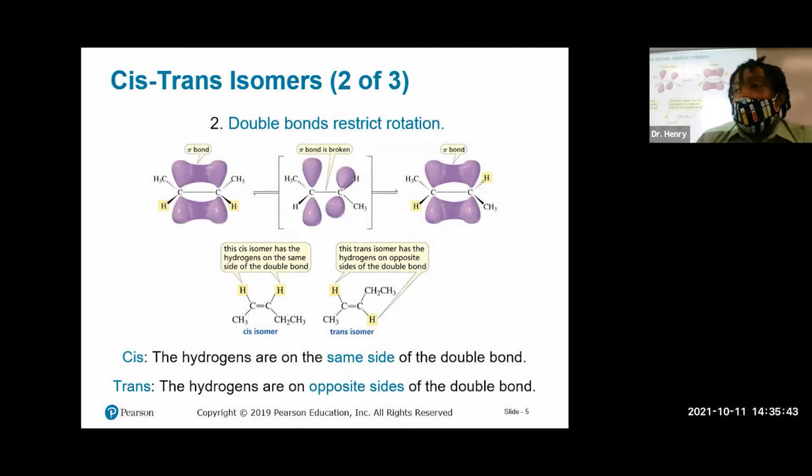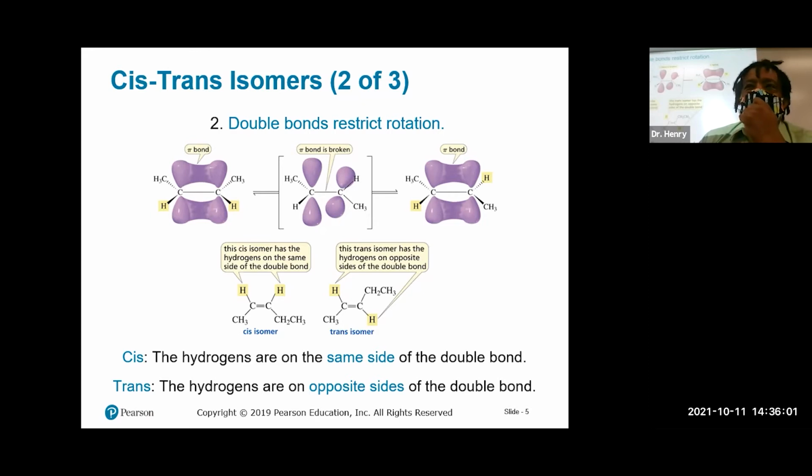Does it matter? No, because you have two groups that are across from each other. It really wouldn't matter because you have to remember your carbons are rotatable, right?